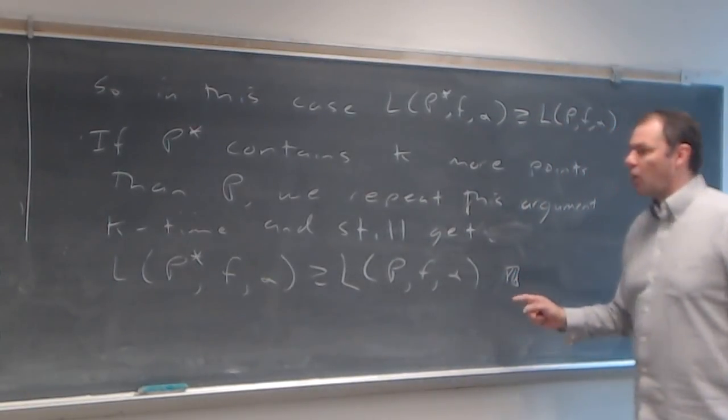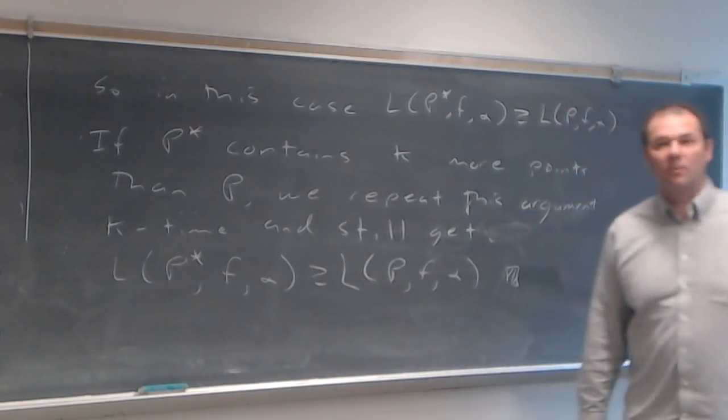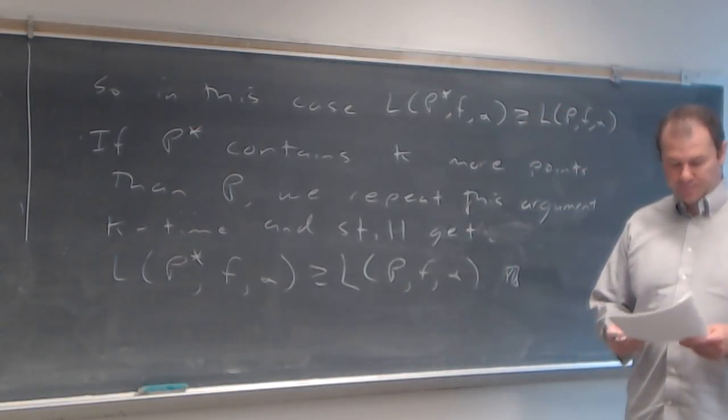And so that's what I'm going to call the end of the proof in terms of the lower sums. And again, I'm going to leave the upper sums for you.